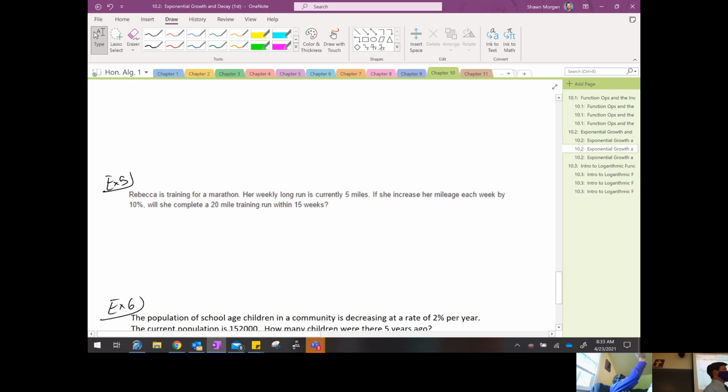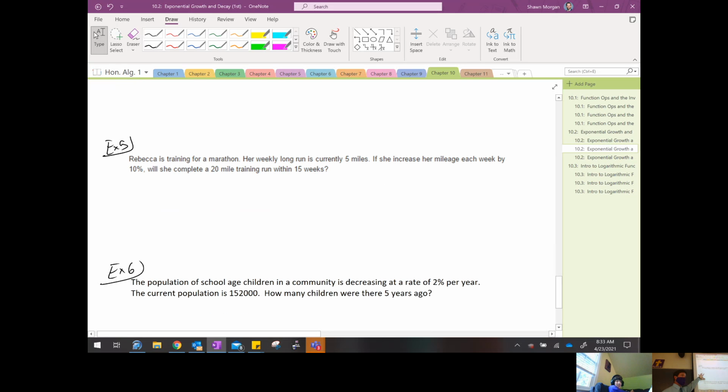They wouldn't ask it that way. They would be more inclined to give you some of these kinds of word problems that we're going to be working through, right? That can be modeled by an exponential curve.